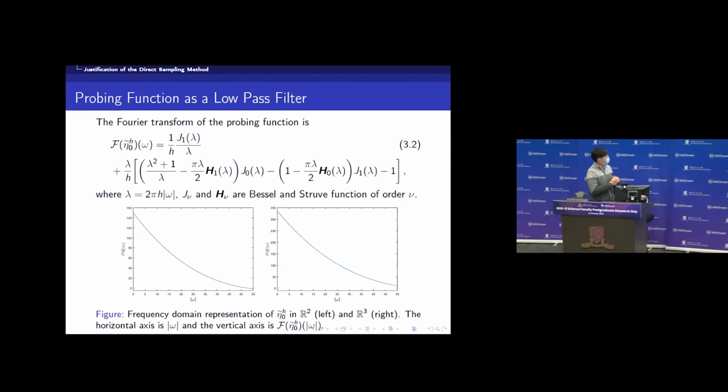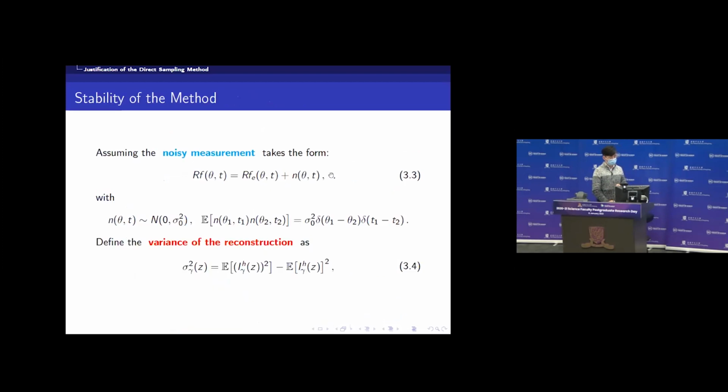Surprisingly, although our primary motivation was not to design a low pass filter, we found that our probing function is actually something like a low pass filter. This understanding shows how our method improves the stability of the reconstruction.